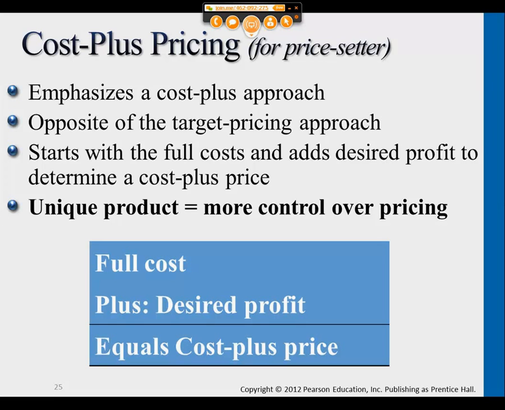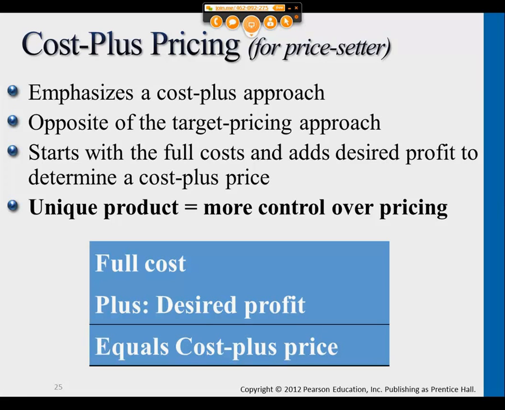What is the price that I need? So I will start with my full costs, right here. I'll add my desired profit, and that will tell me what is my cost-plus price. What does it mean if I'm going from my costs?